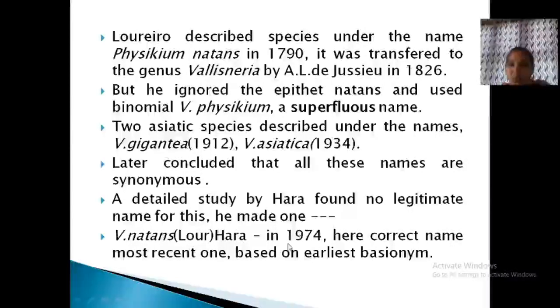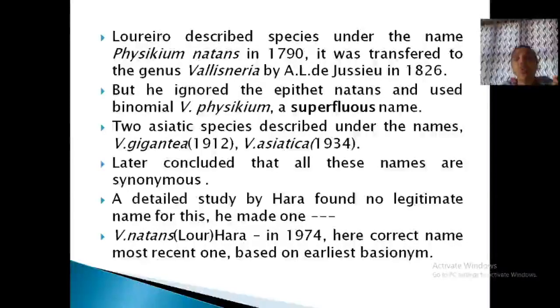So when you are transferring or combining or producing a new name, you have to retain the specific epithet that is already published. Clear? And another point, you have to keep the first published name. That is according to the rule of priority.